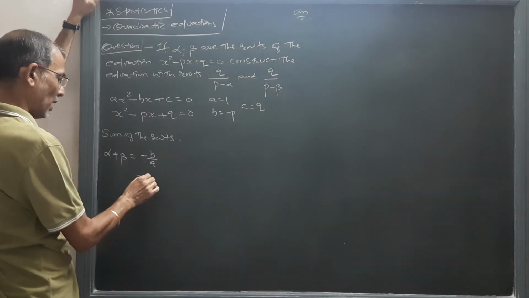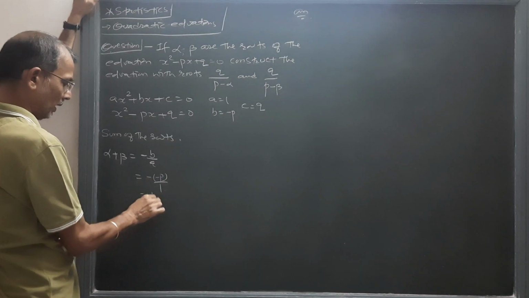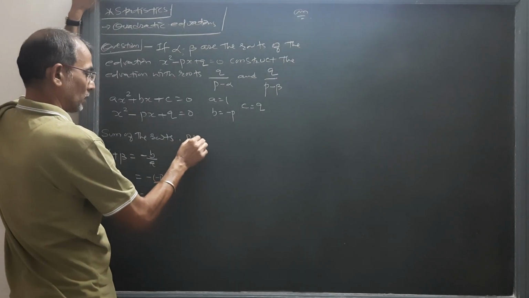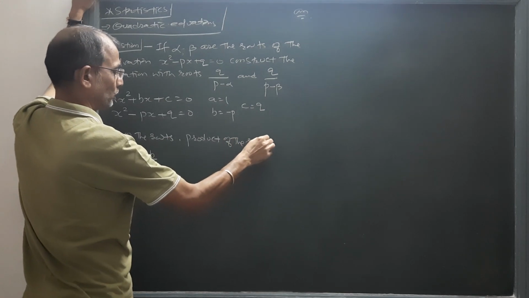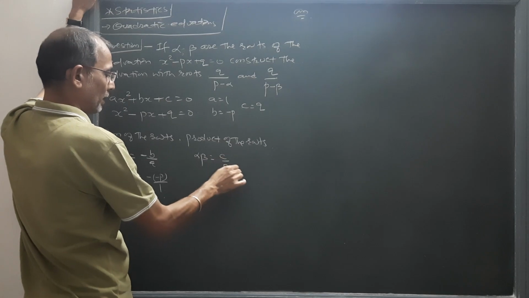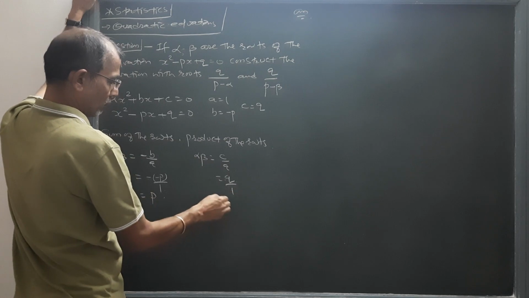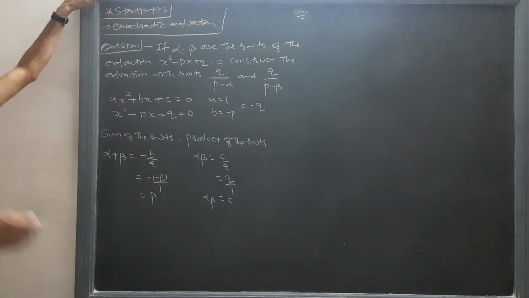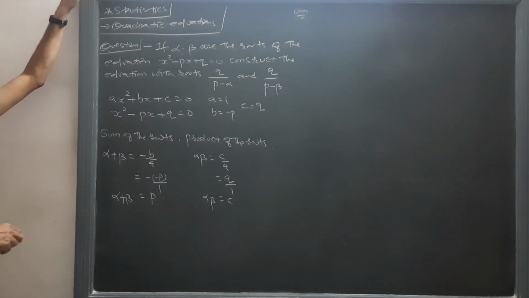That means minus p upon 1, that will be p, and the product of the roots, that is alpha beta, the formula for that is c upon a. Now c is equal to q and a is equal to 1. So alpha beta will be q, and alpha plus beta will be p.